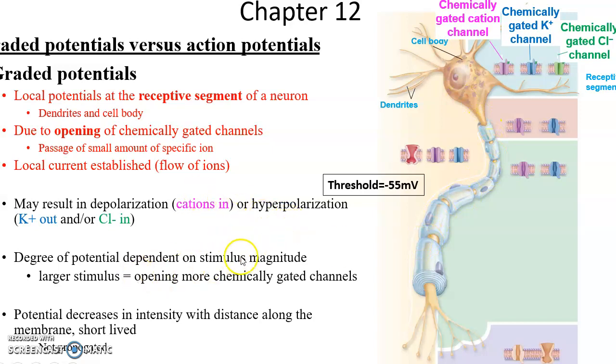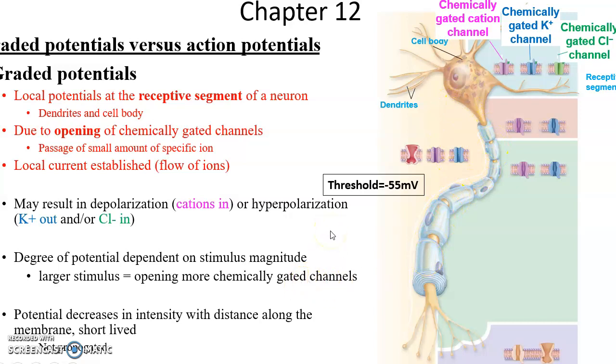This change is dependent on the amount of stimulus. If enough neurotransmitters are released, and they open enough channels, say enough chemically gated sodium ion channels, and enough sodium ions enter, then the depolarization will reach threshold to cause the generation of the action potential.